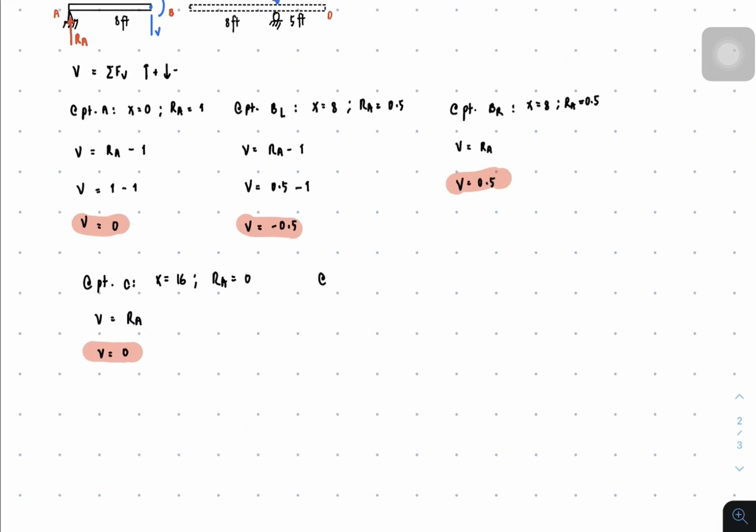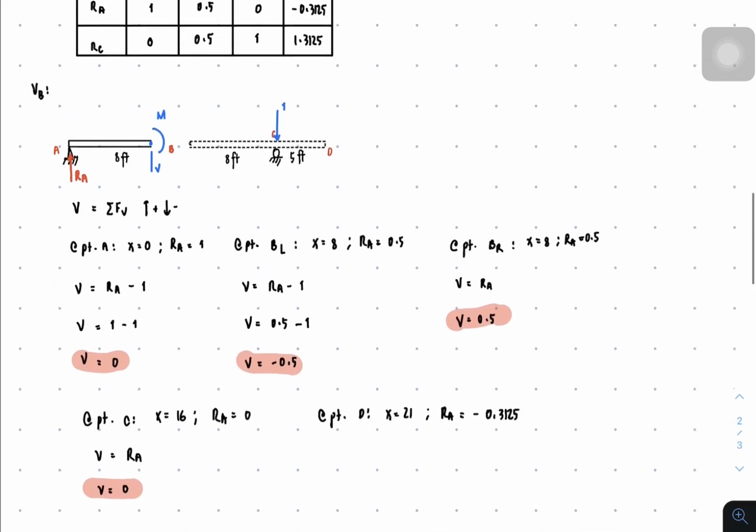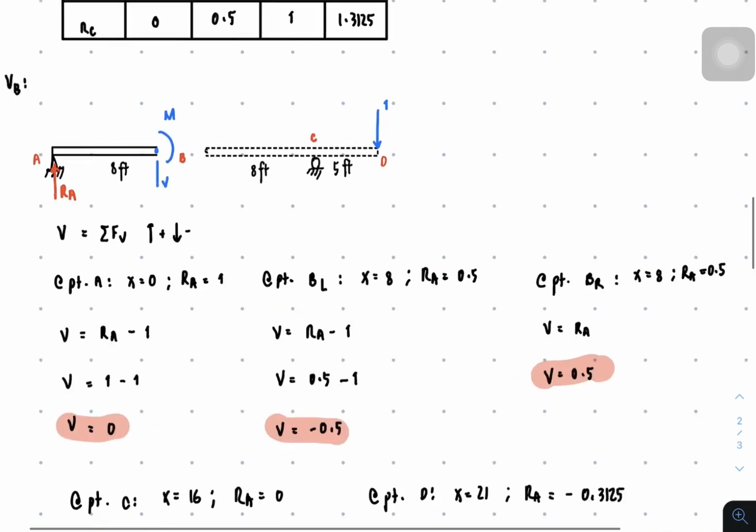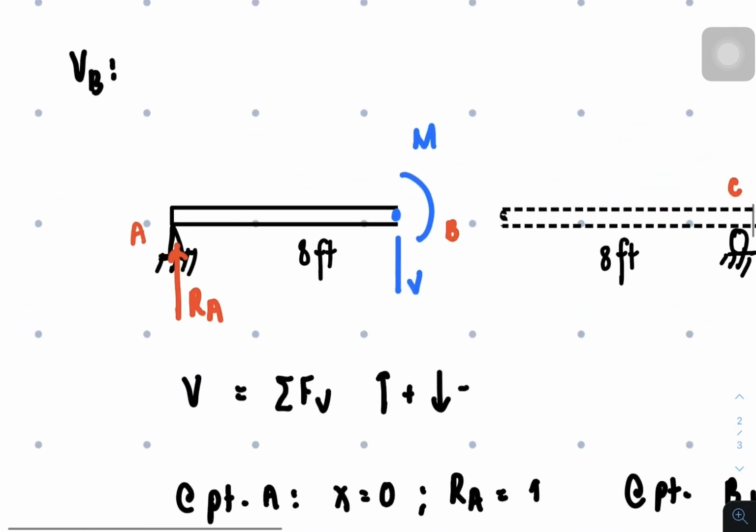Next is at point D, and at point D, X is equal to 21, RA is negative 0.3125. If that would be the case, we will be transferring the 1 unit load, except for C. By the way, naa diha si C. So therefore, nag-transfer ang load sa point D, but it's no longer part sa atong section.